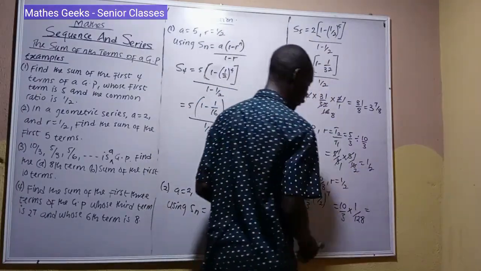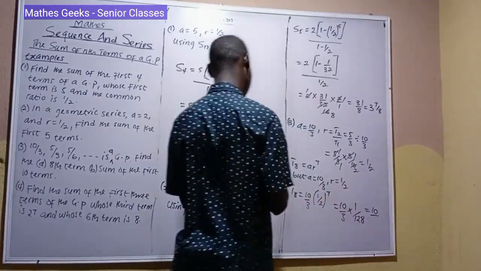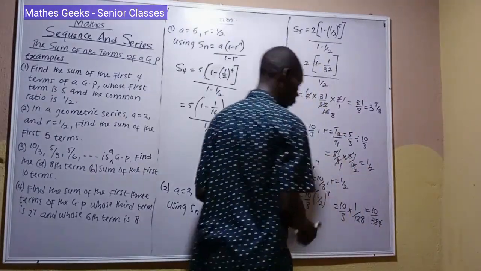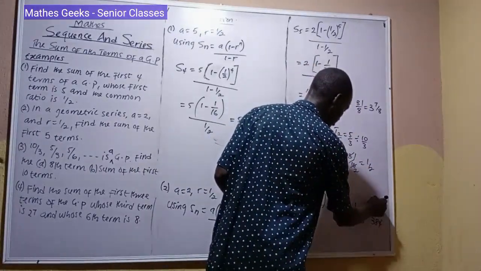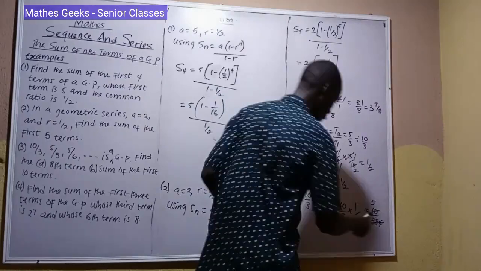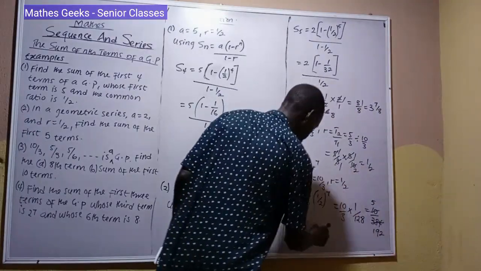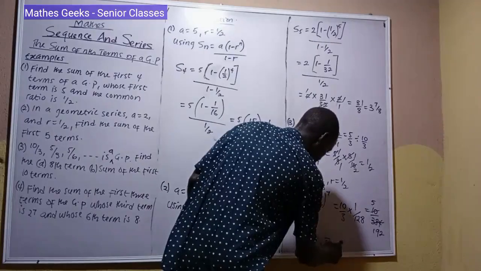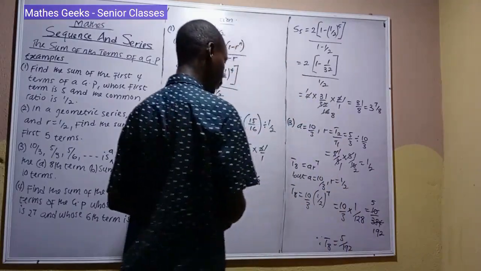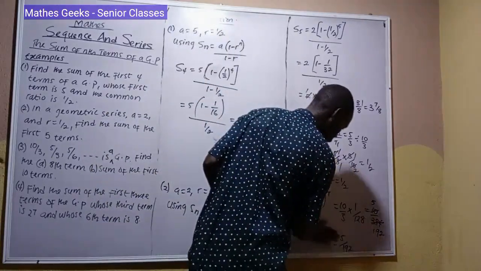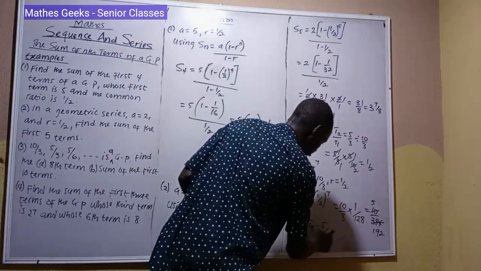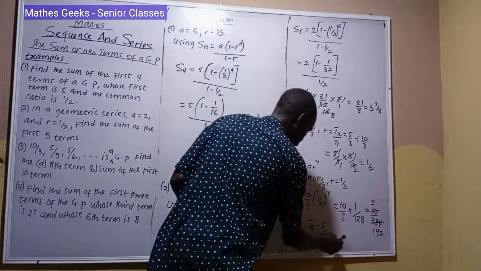So this will give me 10 over 3 times 128, which is 384. Dividing by 2, we get 5 over 192. Therefore T8 is equal to 5 over 192.